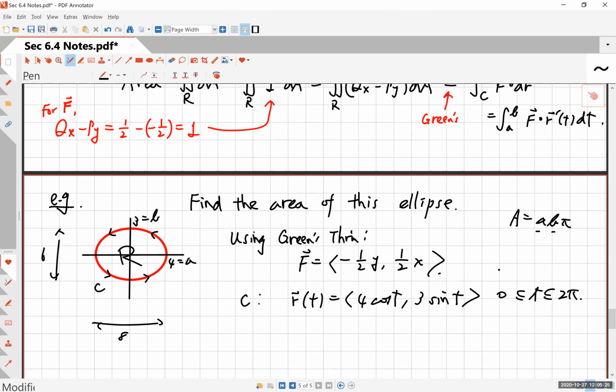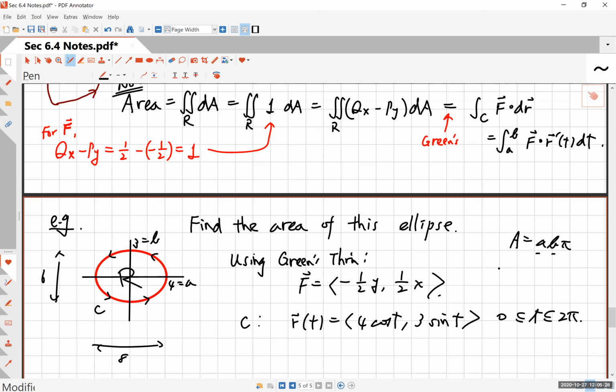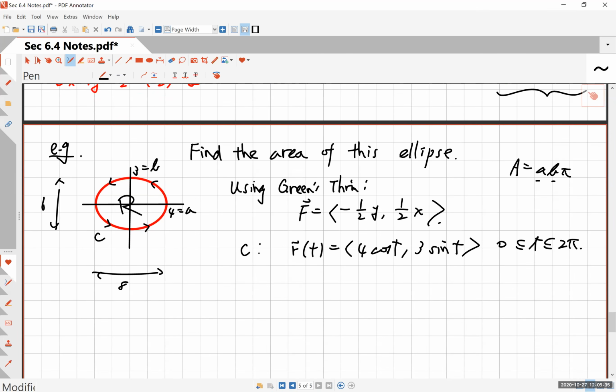Now, remember, this time I'm using Green's theorem backwards. So I'm going to calculate this and say that is equal to this, which is the area, okay? So what I need is that line integral on the left-hand side of the statement of Green's theorem. So in this case, remember, this is my x and this is my y. So F is negative 1/2 times 3 sine t, comma, and then 1/2 times x, which is 4 cosine t.